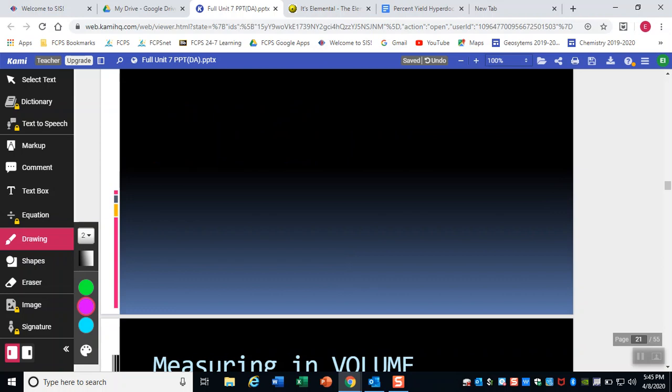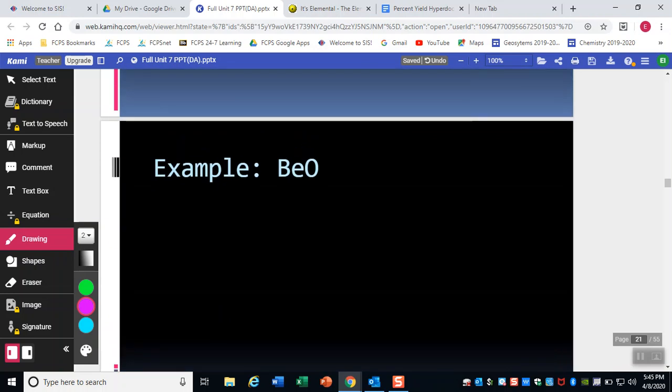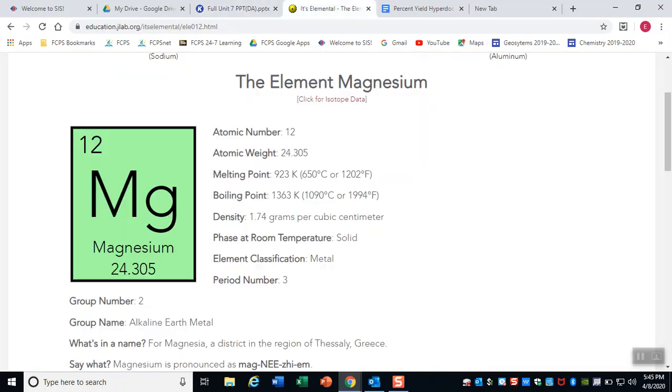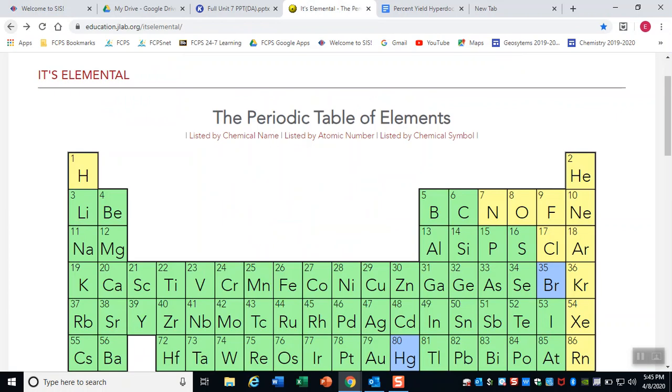Beryllium oxide. Let's see. Beryllium is over here. That's a metal. Oxygen is a nonmetal. So this is ionic, right? Metal, nonmetal.